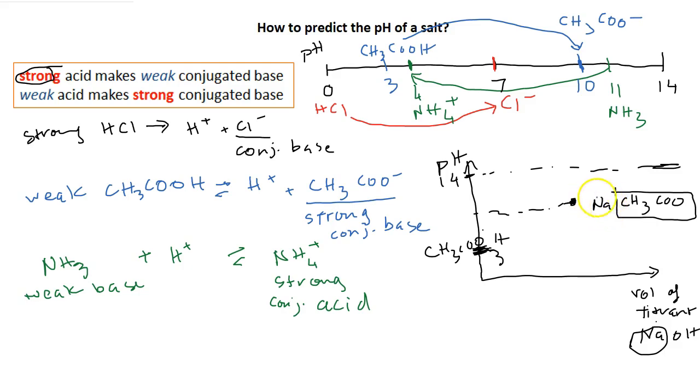It's going to be neutral, around 7, so that doesn't play into the pH of the whole thing. So your equivalence point is going to be around 10 according to this schematic. Then you will draw a line going up from there. So predicting the pH of salts has useful applications as such.